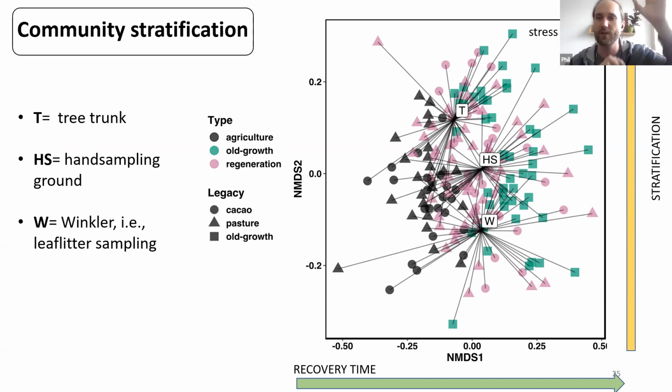They are sort of separated, though there's obviously also a lot of overlap there. We can also see in the community composition our recovery trajectories. On the left-hand side, we see the currently ongoing agricultural areas, while on the right-hand side, we see more of the old growth areas.